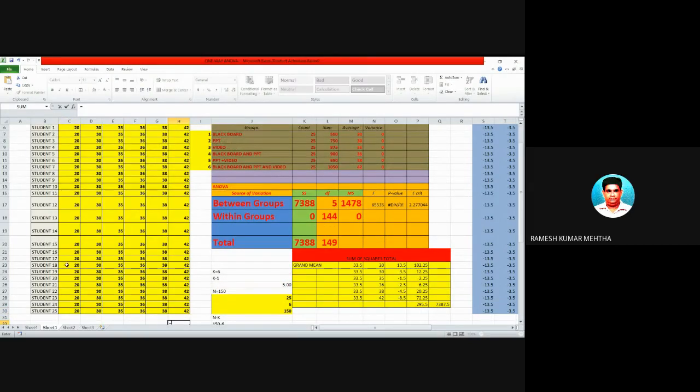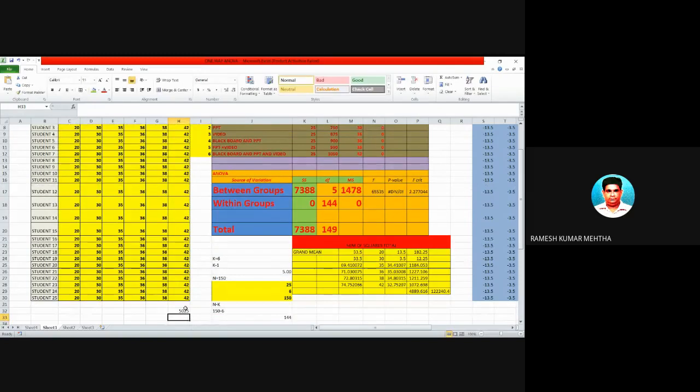So the total number of observations is 150, and let's total it. I'm summing all of these, adding them, and I will get 5025 as the total mark of all these 150 observations.